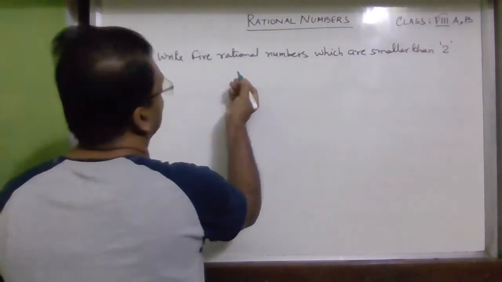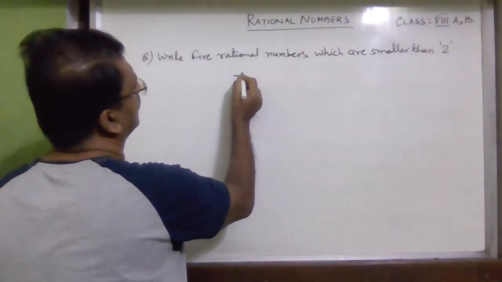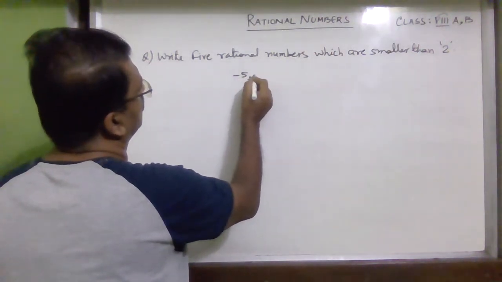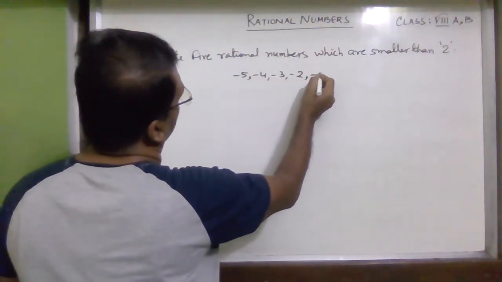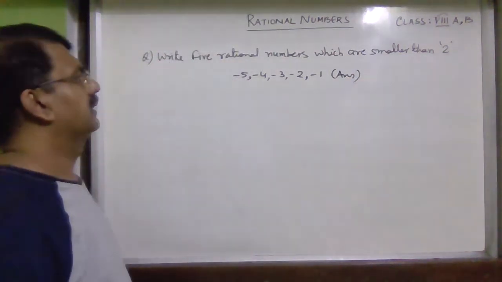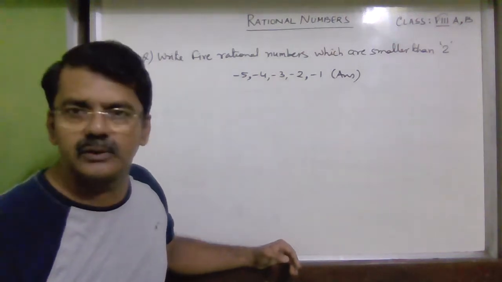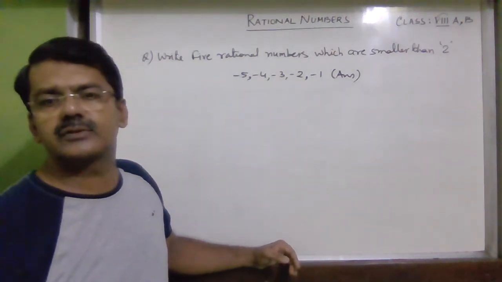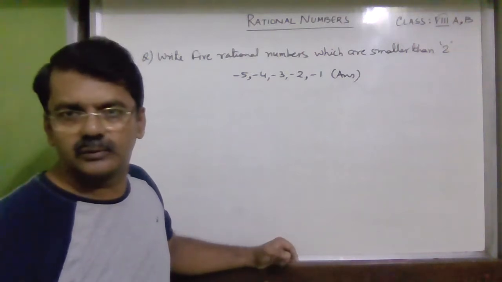So, you can write simply minus 5, minus 4, minus 3, minus 2, minus 1. That is your answer. Even you can write minus 4, minus 3, minus 2, minus 1, 0. Even you can write minus 3, minus 2, minus 1, 0 and 1. It should be less than 2.